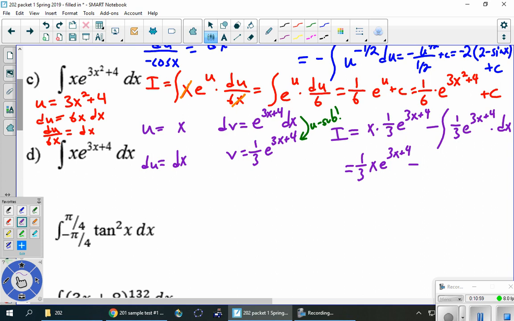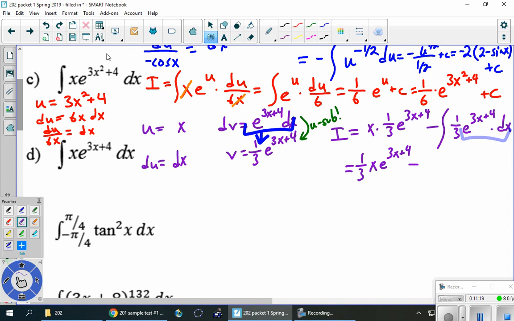Minus, now that 1/3 is going to come out, and I'm going to be left with the integral of e to the 3x plus 4 dx. But hey, that is exactly the integral that I said you need a u substitution for, and the answer for that integral, not including the 1/3, but just the integral of this piece, is exactly what we did here. So it's going to be another 1/3 e to the 3x plus 4.